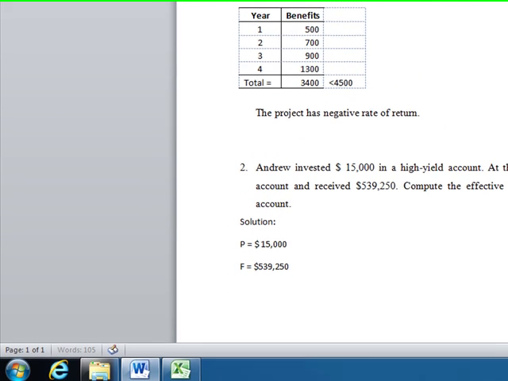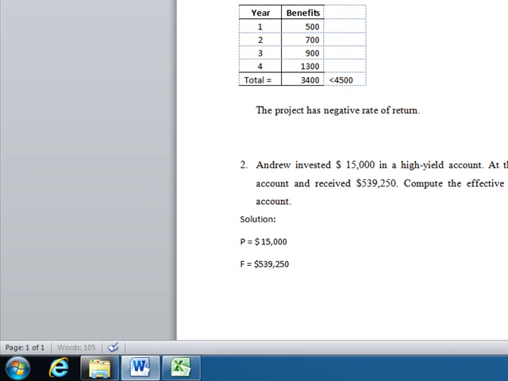We have these two values. Also we know the number of years. Number of years N is equal to 30 years, right? And we need to calculate the interest rate. We need to find out I. I is for interest rate, so we need to find out the I value, right?